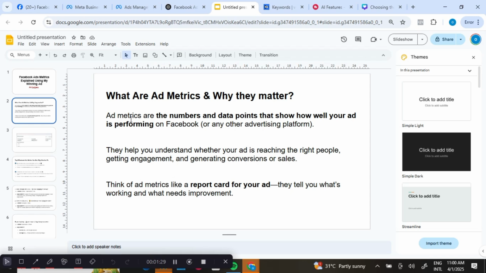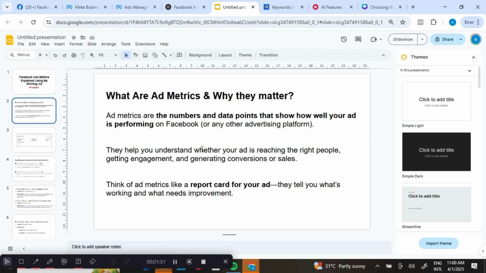Just like a running tracking device gives you feedback, okay, you have run 25 kilometers and all of that. So that's what metrics are. Metrics are data or numbers that show you how well you are performing.